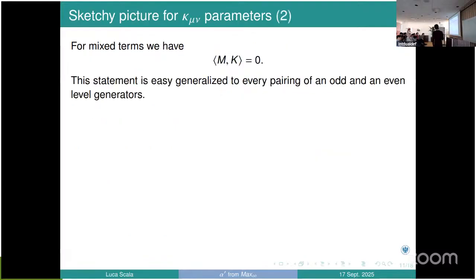Now, for mixed level terms like m and k, where m is 0 and k is -1, this is 0, and you can see this very easily looking at Young tableaus. Because for the Young tableaus, one has an odd number of boxes, the other has an even number of boxes, so the symmetric product does not give you anything meaningful. This statement is easily generalized to every pairing of an odd and an even level generator.